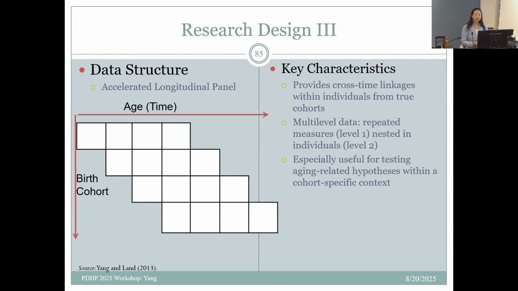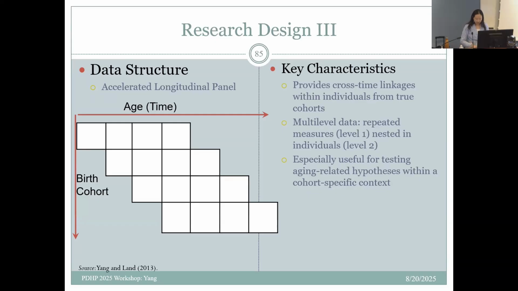Like I said, it's a very flexible modeling framework. This kind of data is particularly useful for testing aging-related hypotheses within a cohort-specific context. Because it allows for the distinction between intra-individual change within cohorts, across columns, the horizontal line under age pointing to the right, which is different from inter-individual differences across cohorts, across rows, which is this vertical line.